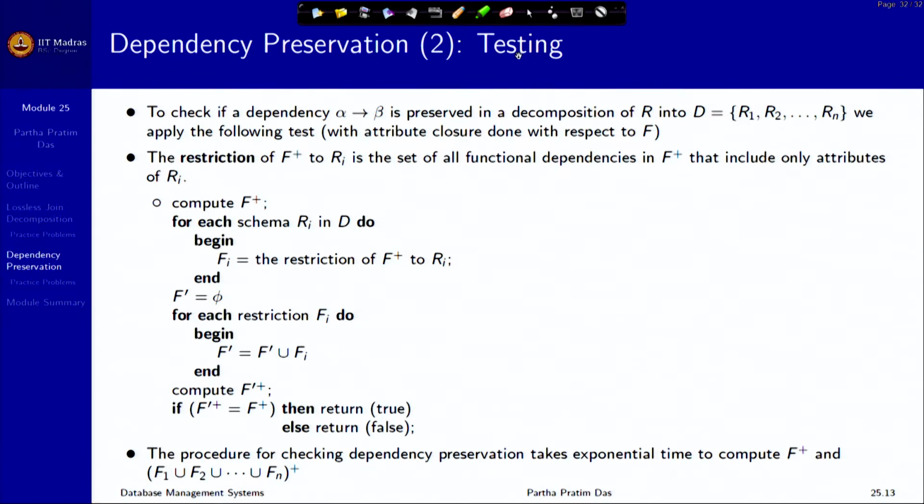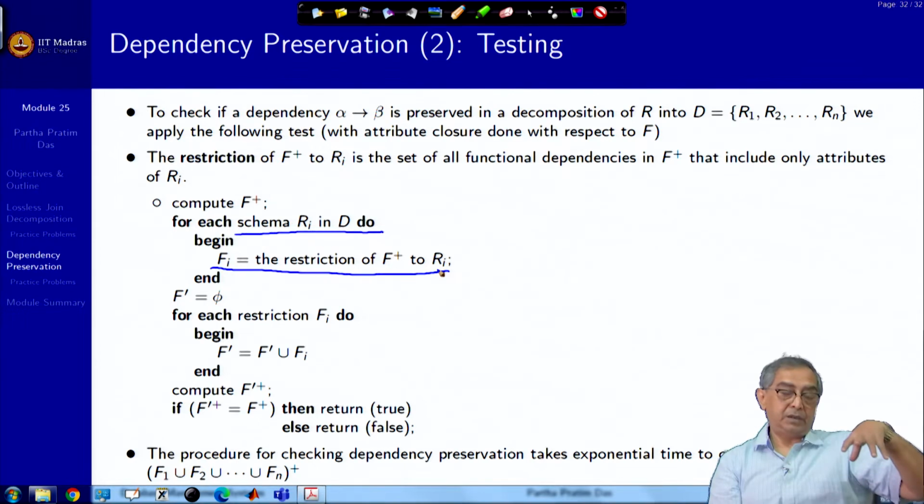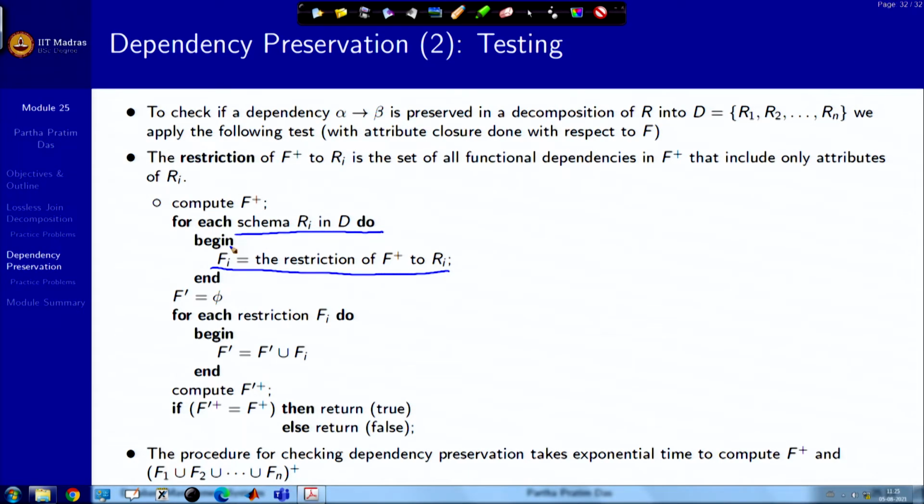So, how do you compute that? This is a naive algorithm, but a clear one. For each relational schema Ri, you need to compute Fi, that is, from F plus you project it onto Ri, taking only the attributes of Ri, and you have the different Fis.